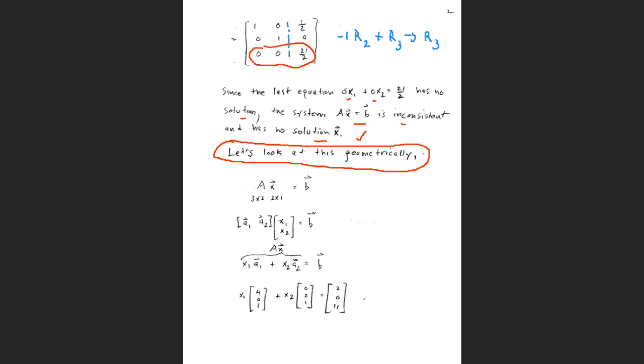Okay, so in this problem, what we had was a matrix equation represented by Ax = b. And we can write the matrix equation as a vector equation.